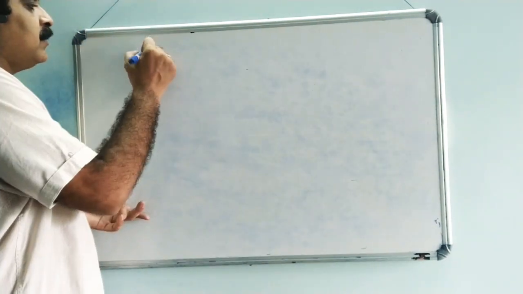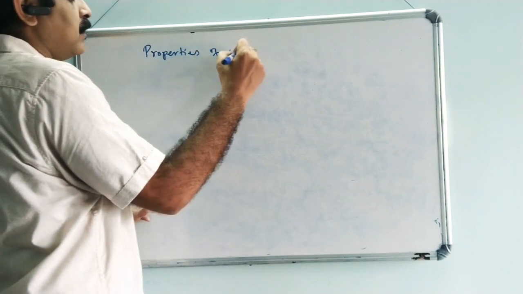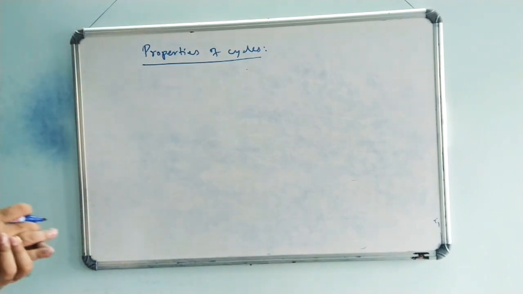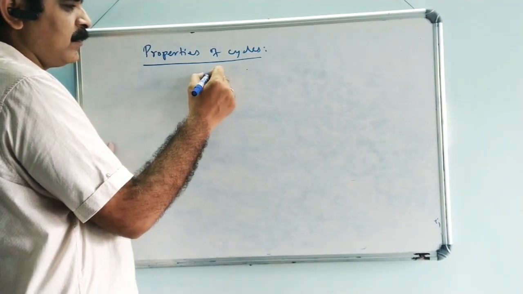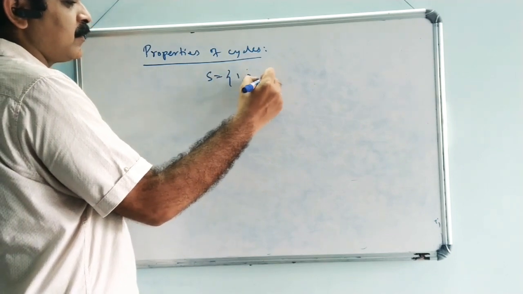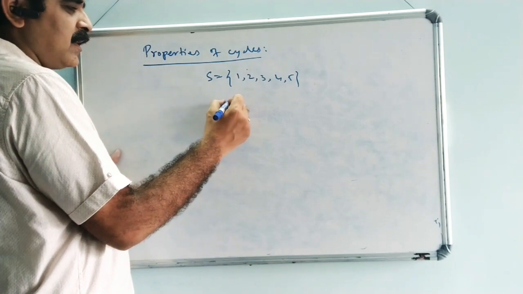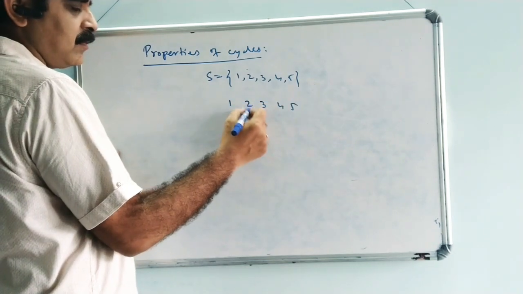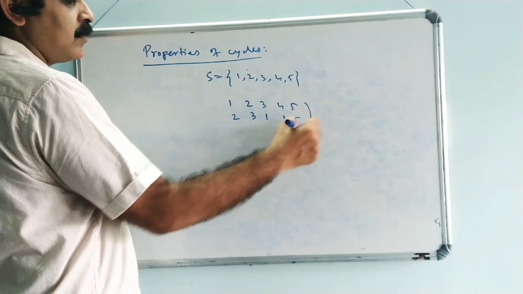Now I am coming to the properties of cycles. There are some very interesting properties of cycles. Let S be the set {1, 2, 3, 4, 5}. Take a permutation where 1 goes to 2, 2 goes to 3, 3 goes to 1, 4 goes to 4, 5 goes to 5.